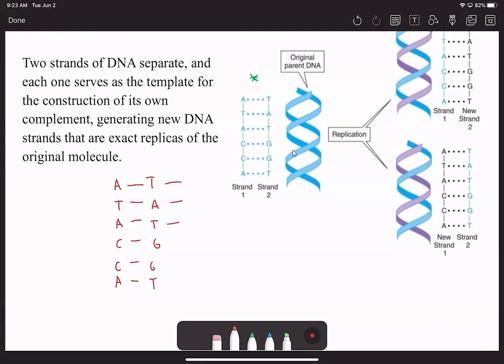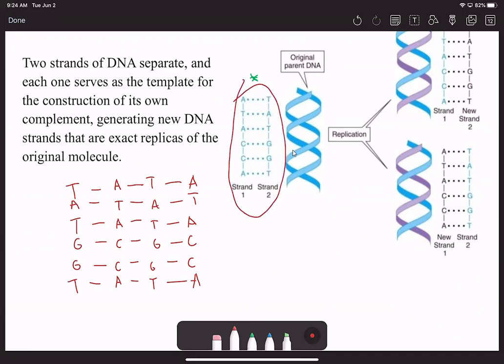So we do some complementary strands here. T goes to A, T to A, C, C, A. And I'm going to do the same thing on the other side. T, A, T, G, T. Now, we started with an original parent strand here.